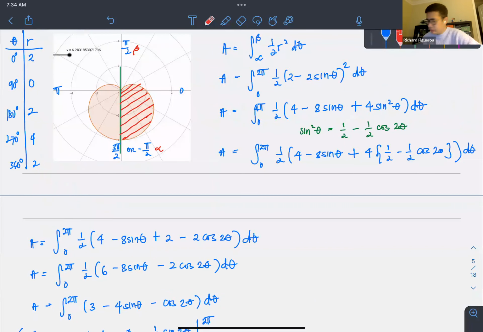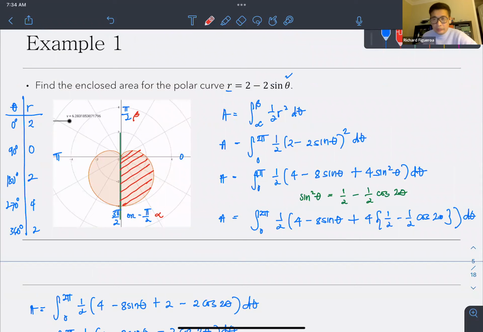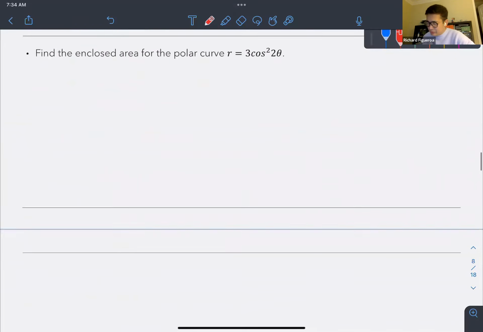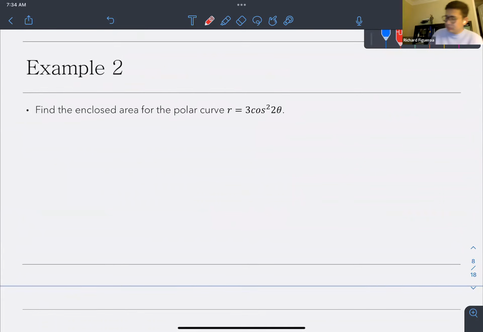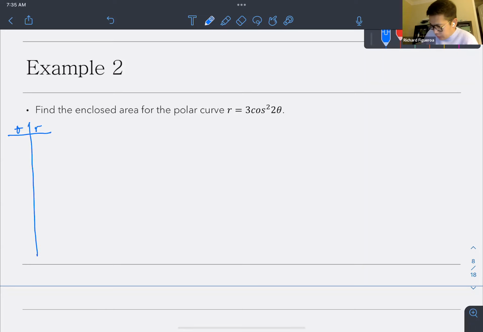So how it works, we have an enclosed area, so for part one, we can, so theta, then we have the R.